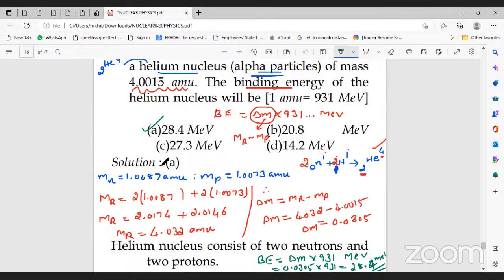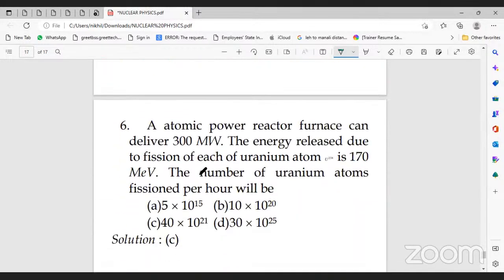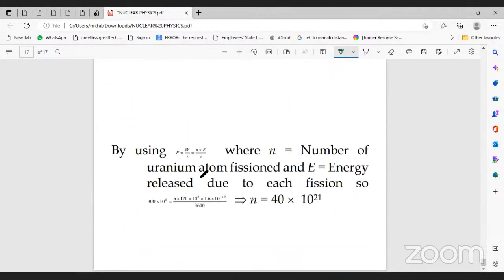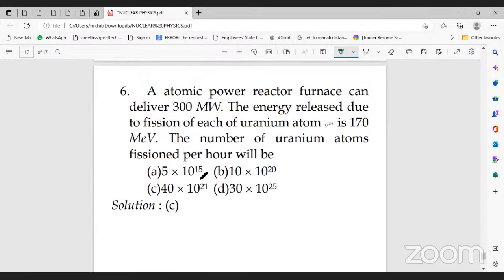Come to this. Atomic power reactor is there.